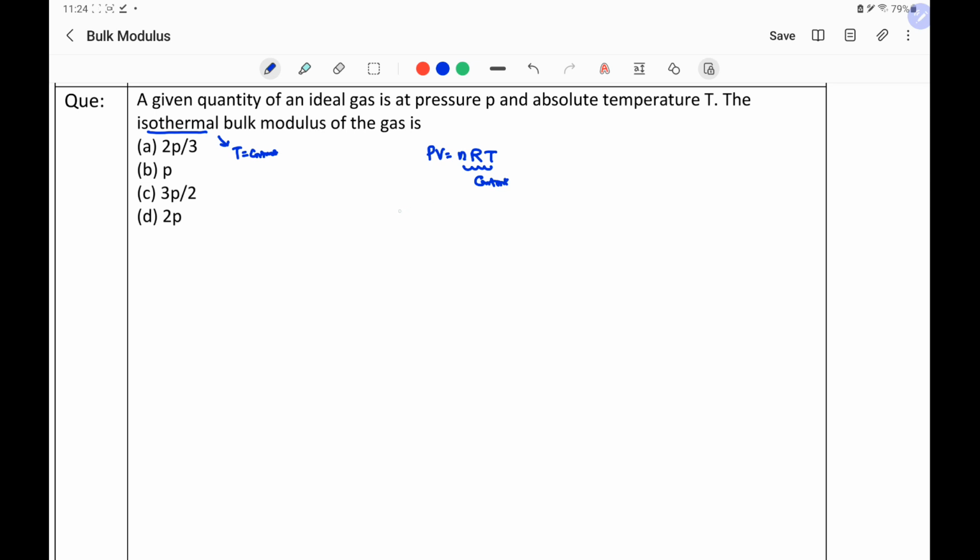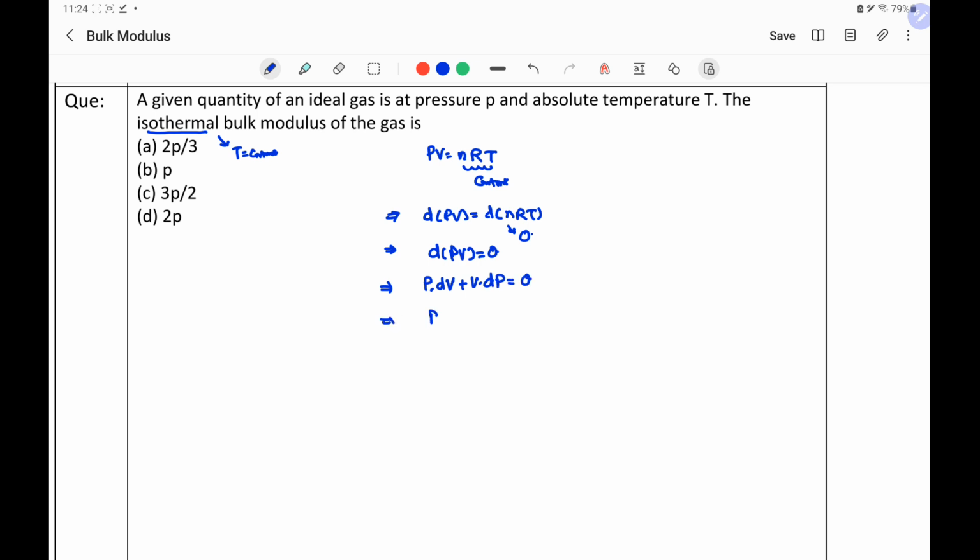Therefore, on taking the differentiation, we will have differential of PV equal to differential of nRT. And differential of a constant is 0, so this right hand side term will be 0. We will have differential of PV equal to 0. This implies that on differentiating PV, we take first P and differential of V, plus V and differential of P, and it will be 0.